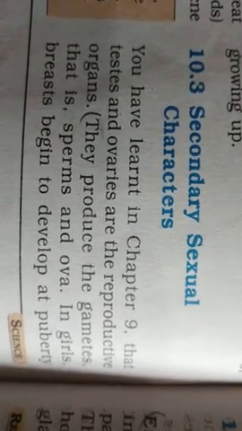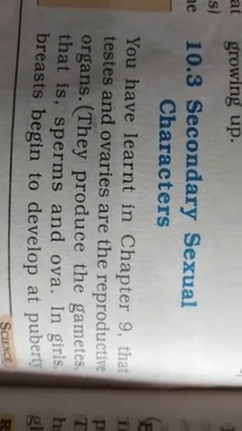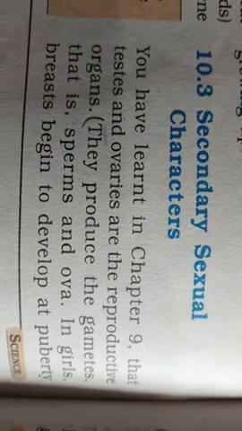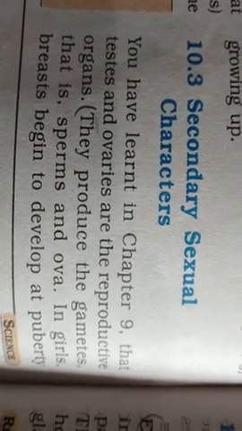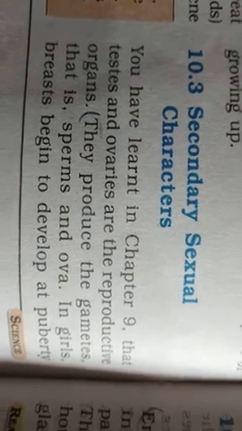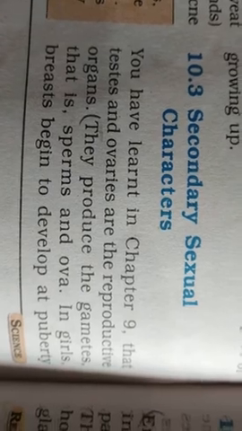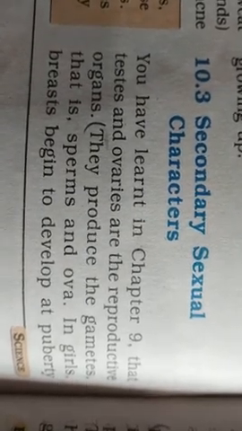That's why the pituitary gland is considered the master gland, or the king of glands. It is a very important point that at the age of puberty, whatever changes take place are all because of the release of hormones.